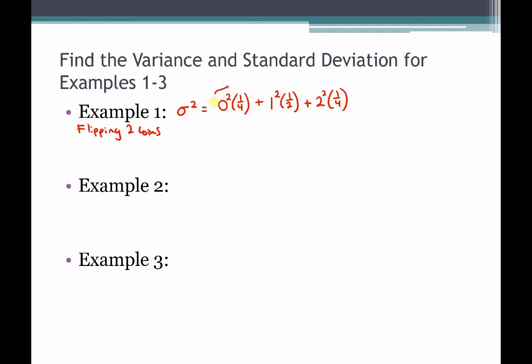I'm going to go ahead, I'm going to throw some brackets around that just so we can match it up with the formula piece. There's that first part of the formula. I have to subtract our mean squared. This is the mean that we found for example 1. We found mu equals 1.